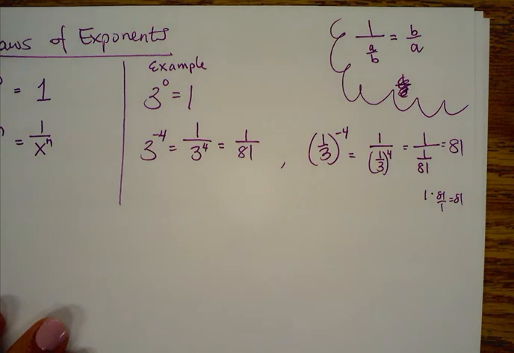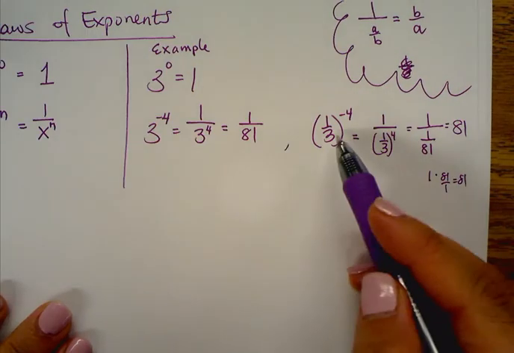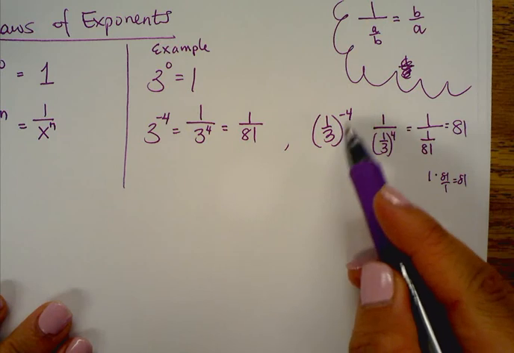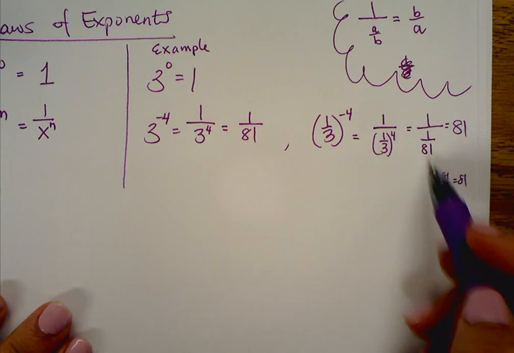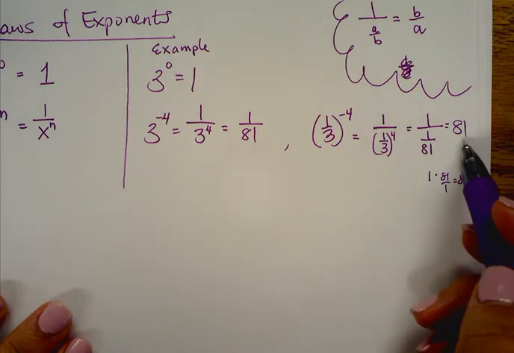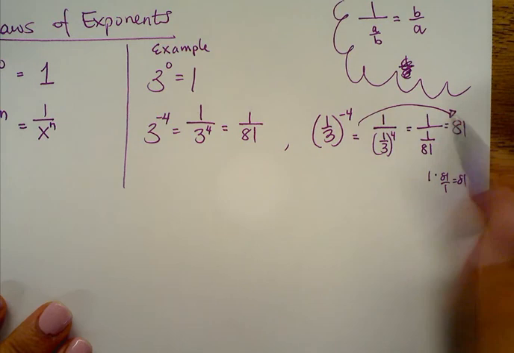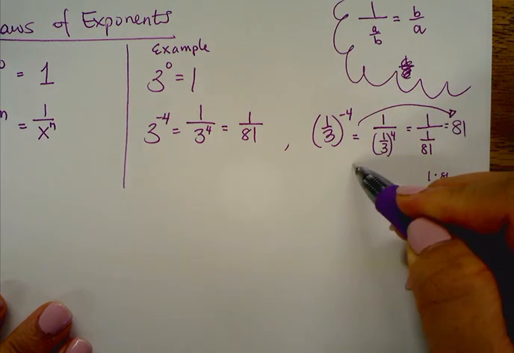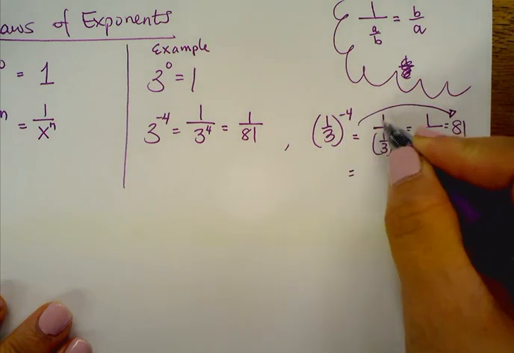So again, 1/3 to the negative 4 power is 1 over 1/3 to the 4th power, but we know that 1/3 to the 4th power is 1 over 81, so it's 81. So couldn't I have just gotten here if I realized that there's a negative exponent here, and usually that means you bring it down to the denominator?